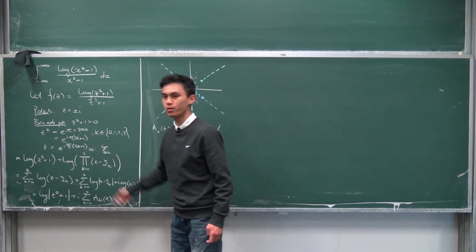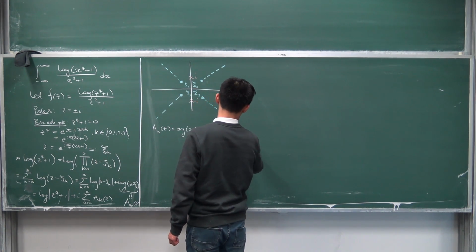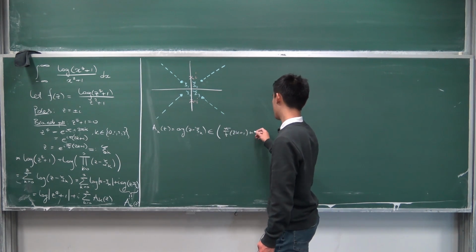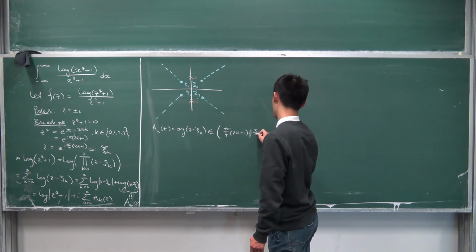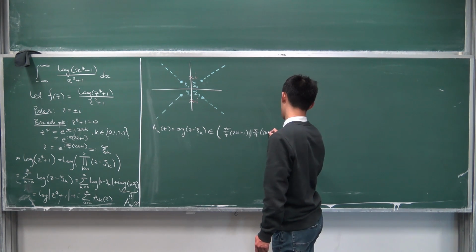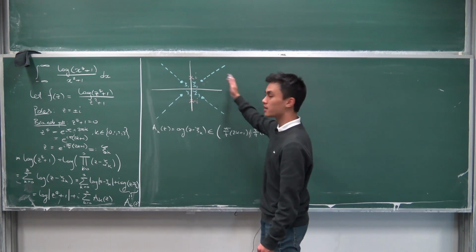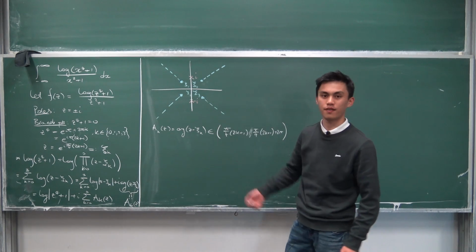It's pi over 4 times (2k plus 1), and then we can just add 2 pi to this, and that defines the other endpoint. So something like this if you want to be explicit. So you can define each of these branches that way. Okay, so we got all the basic information about our function f of z figured out.